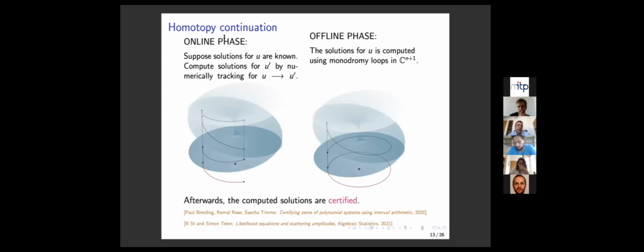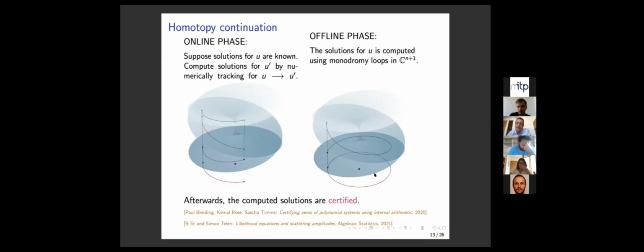So there's an online phase and an offline phase. The offline phase, in principle, you do once per model, once per statistical model, once per physical model. You compute all critical points for some data vector u that you choose. This is done using a technique called monodromy loops.